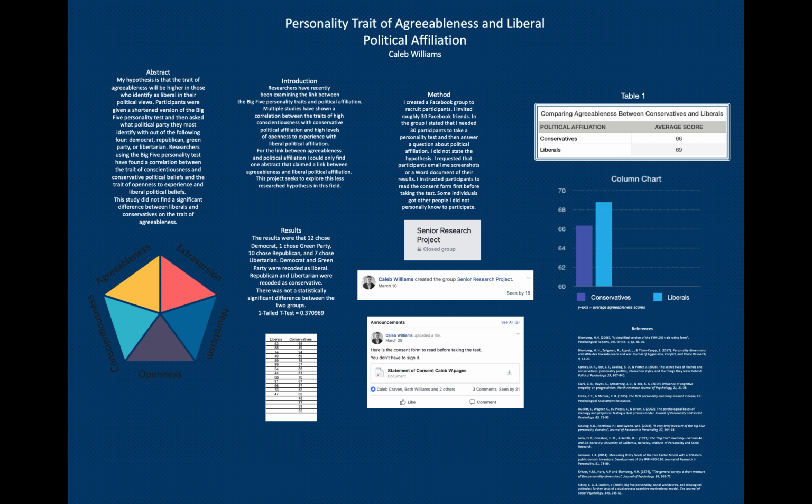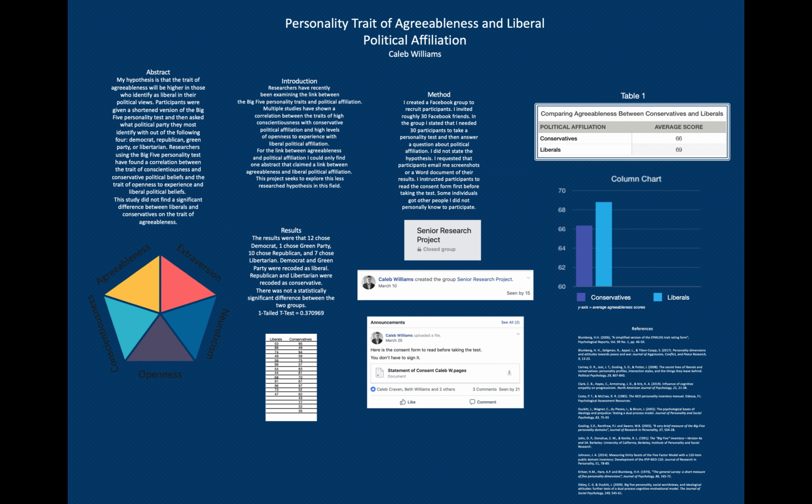I took a poll of a Facebook group of libertarians in Texas, and when they had to make a binary decision of saying that libertarianism was more conservative or more liberal, overwhelmingly they said conservative over liberal. So because of that, I decided that it was safe to recode libertarians as conservative.